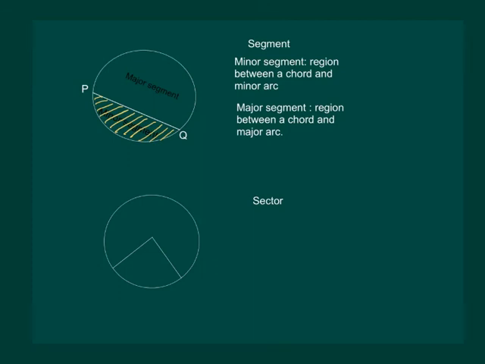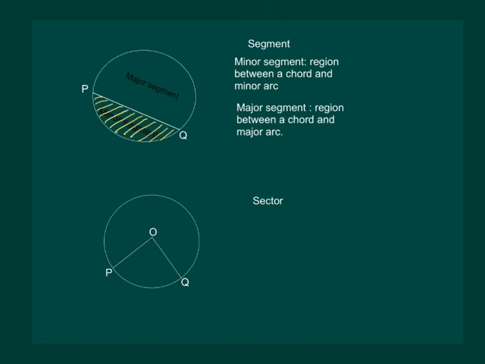It is time to define sector, the region between an arc and the two radii joining the center to the endpoints of this arc is called a sector. So here P and Q are the endpoints of the minor arc which are joined to point O, which is the center of the circle.